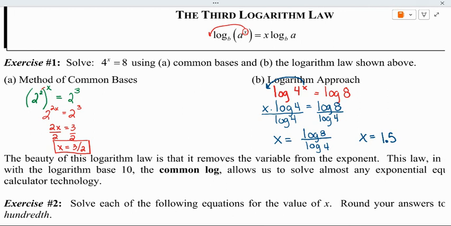Okay, you have to close your parentheses, guys. No, it doesn't do it for you. Close your parentheses. Divided by. Yeah, you gotta close the parenthesis, otherwise it's taking a log of a log. Log 8, close your parenthesis, divided by log 4. Close your parentheses, enter. Okay, did everybody get 1.5?